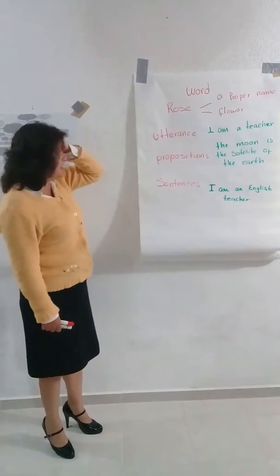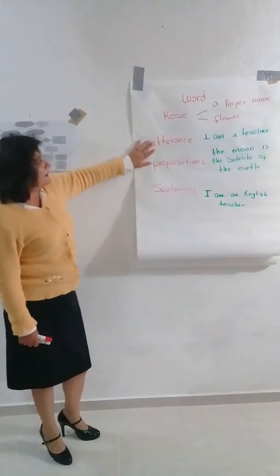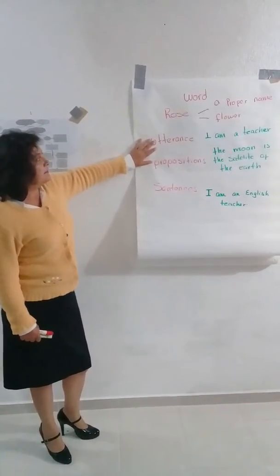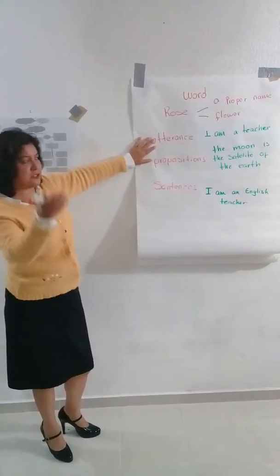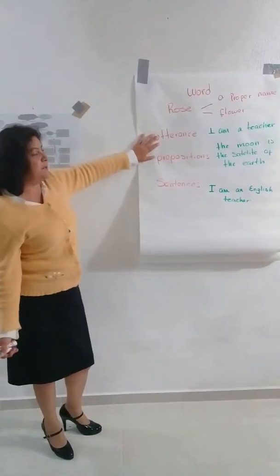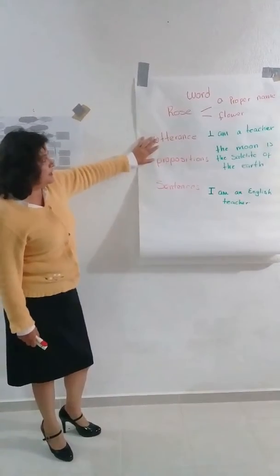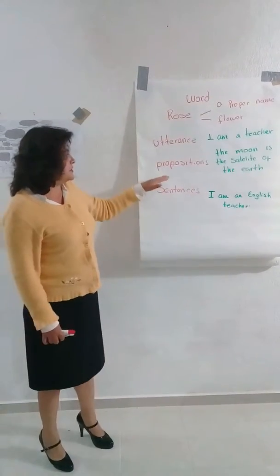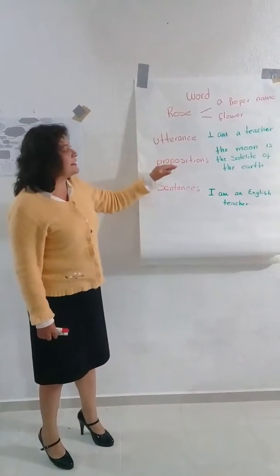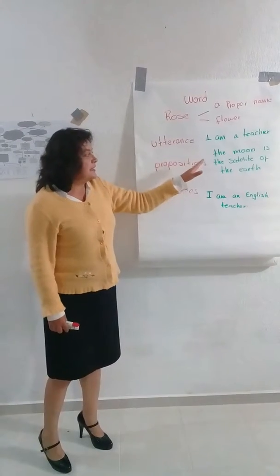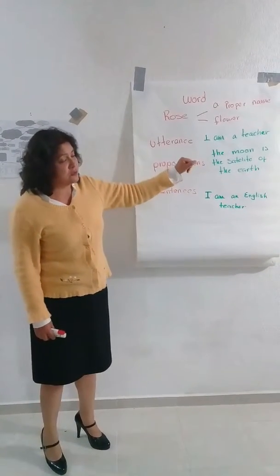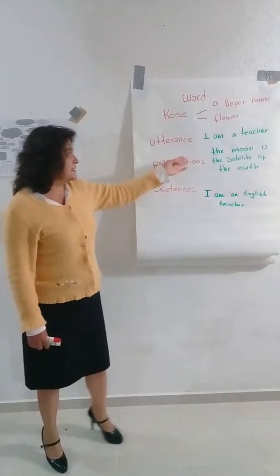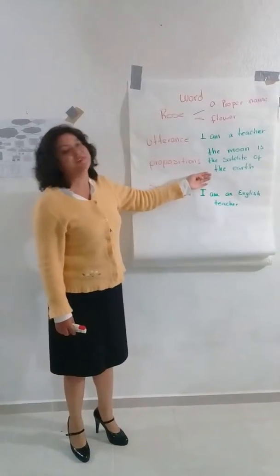Talking about utterances, they are words that we mention just one time, anywhere, any place, anytime. For instance, in this case, the utterance is I am a teacher. Propositions are sentences that express true or false. For instance, the moon is the satellite of the earth.